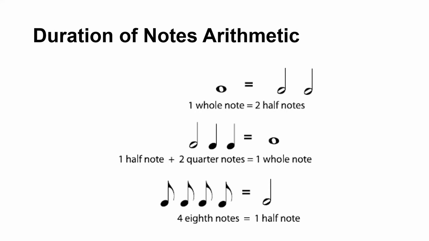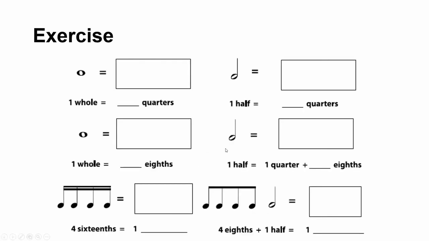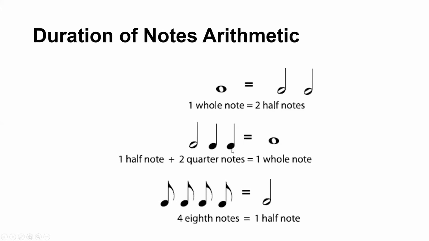A half note plus 2 quarter notes is also equal to a whole note. 2 quarter notes is equal to a half note. So a half note and 2 quarter notes is equal to 1 whole note.